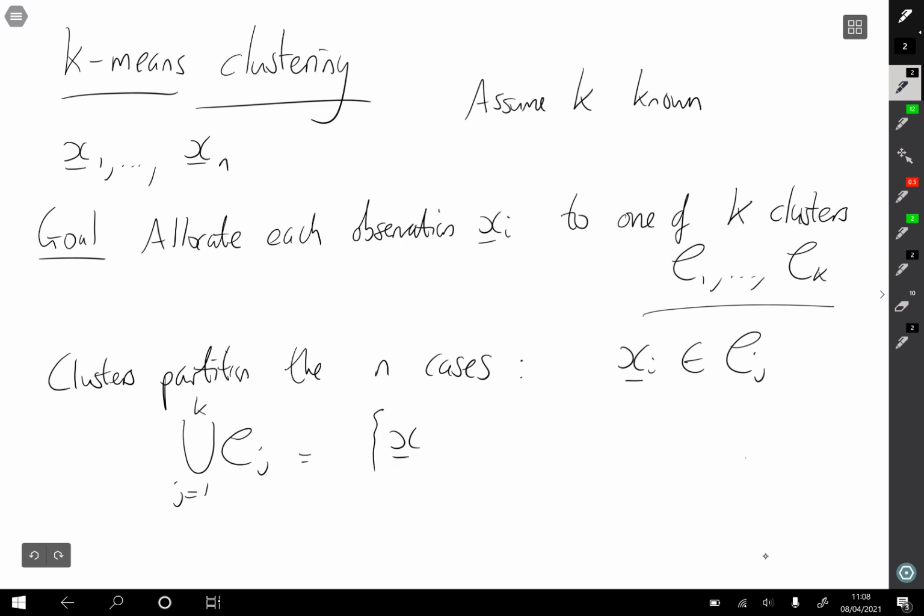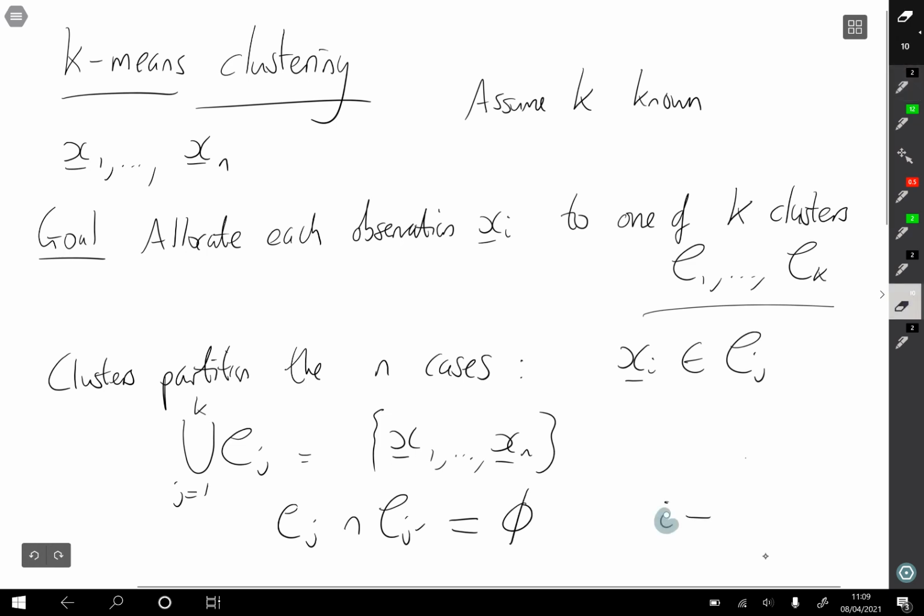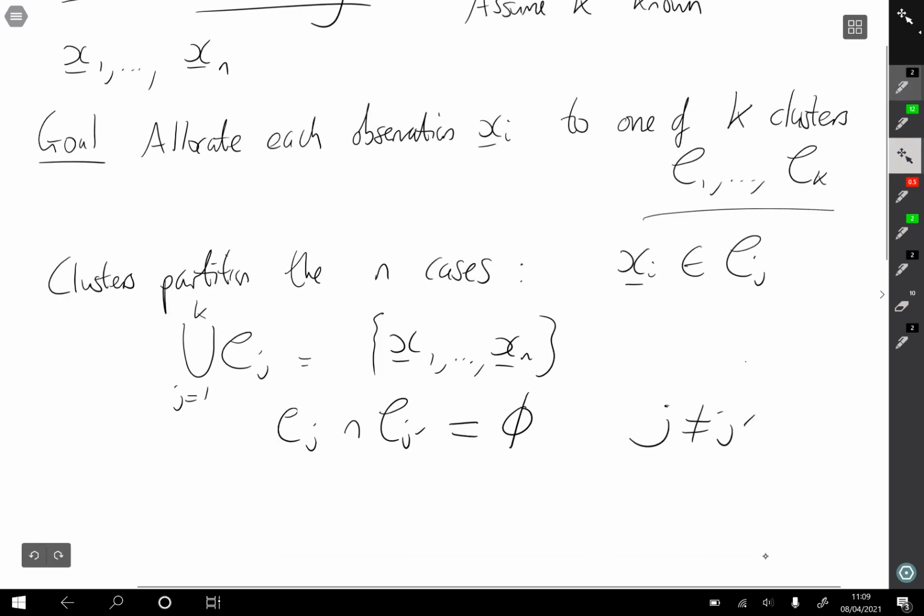So each point is in one cluster. We're also going to assume that the intersection of any two clusters is empty, for j not equal to j prime. Okay. So each point is in precisely one cluster.